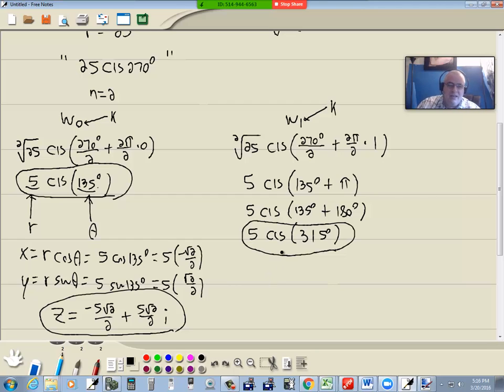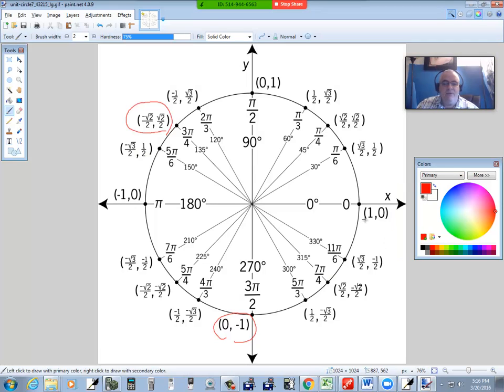Okay, now this answer over here. We're going to have x is equal to r cosine theta, and y is equal to r sine theta. So we'll have 5 cosine of 315 degrees, and 5 sine of 315 degrees. Now cosine of 315 degrees, here's 315 degrees.